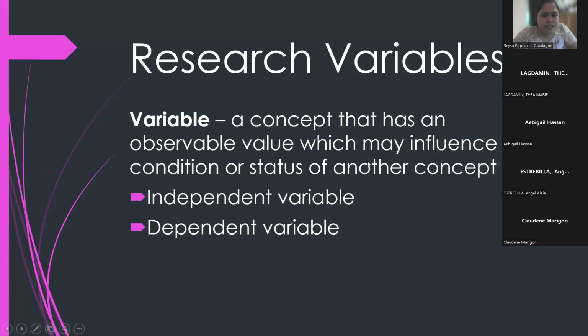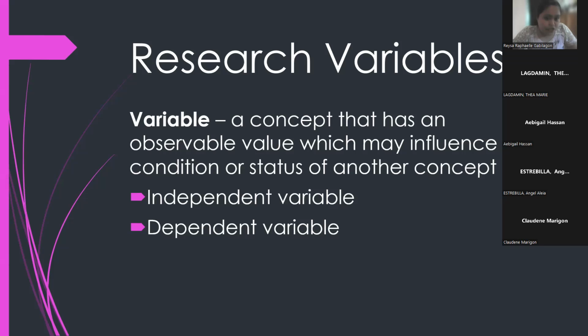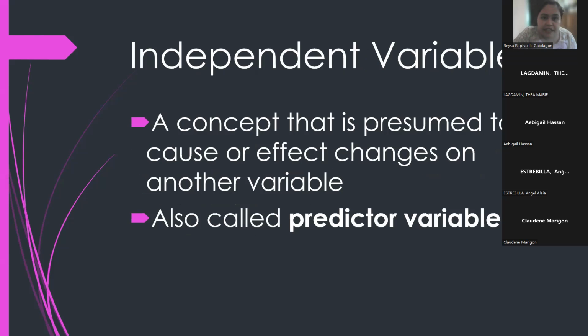Now, ano itong mga research variables? Ito yung mga constructs natin that have available or measurable value. Pwede kang maka-observe, pwede kang maka-measure. Now, for a research, ang pinaka well-known talaga na variables, the IV and the DV. So, ano itong independent variable? The independent variable is the presumed variable or predictor variable.